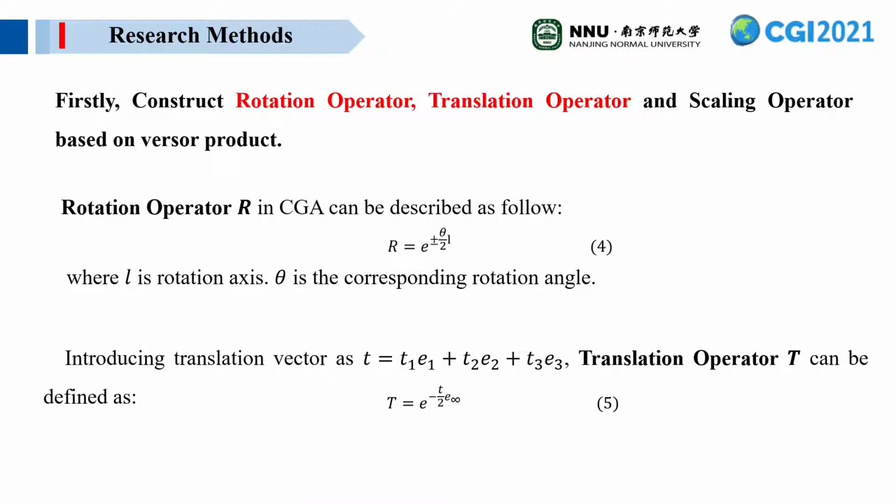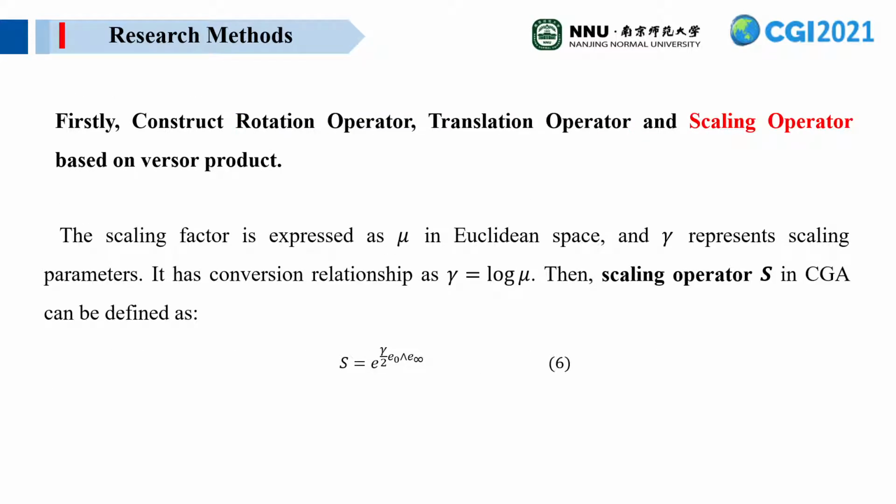Firstly, we construct the rotation operator, translation operator, and scaling operator based on the versor product. The rotating operator is shown in Formula 4. The translating operator is shown in Formula 5. The scaling operator is shown in Formula 6.